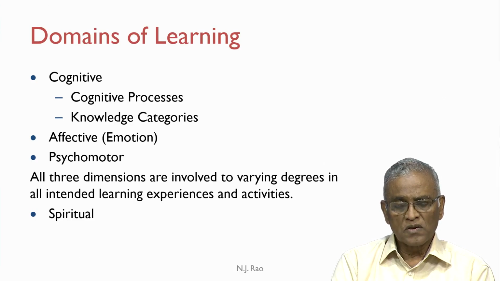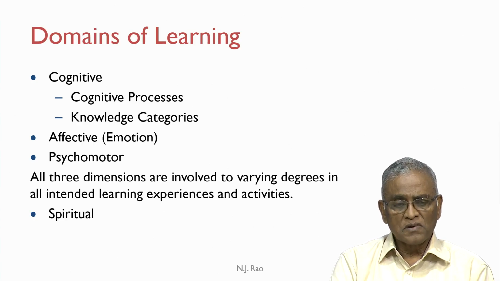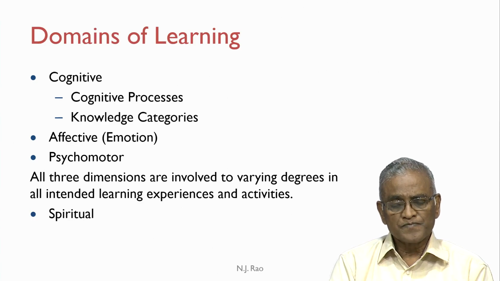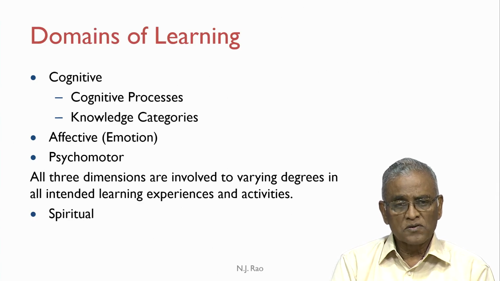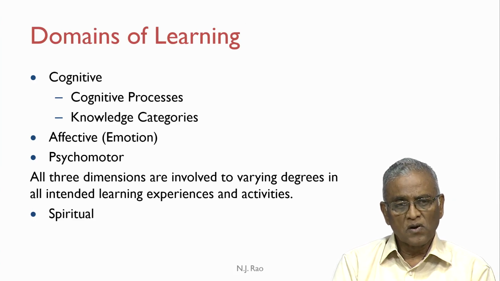There is no way you can say that one is totally absent. To complete this, you can also add a spiritual domain, but in our module we are not going to be dealing with it. Just for completion, we can add this dimension called spiritual.